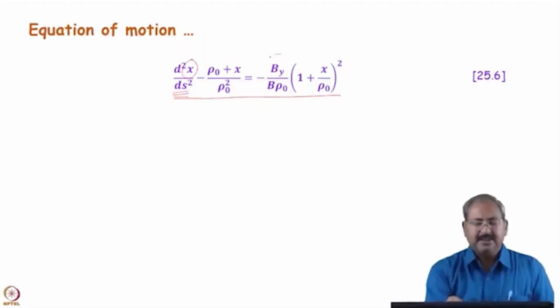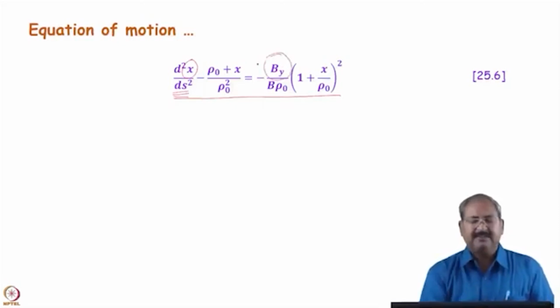Now here B1, the magnetic field. If we put the magnetic field as a constant, it means a dipolar magnetic field. We have seen that a dipolar magnetic field means a constant magnetic field over the space. So if we take By as a constant, it will be the equation of motion under the dipole magnetic field.